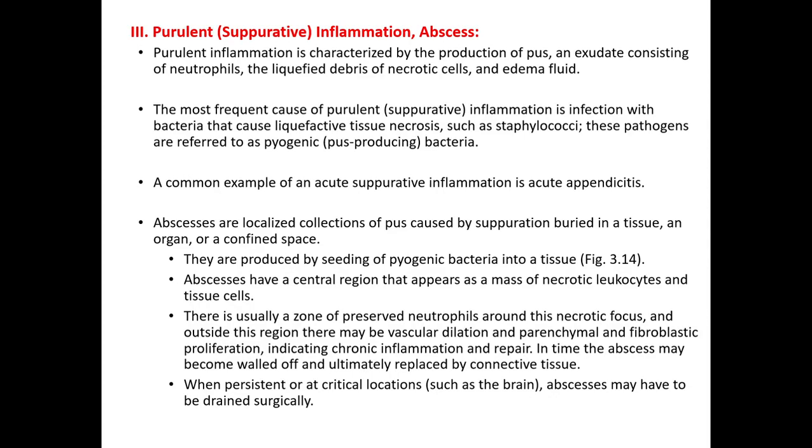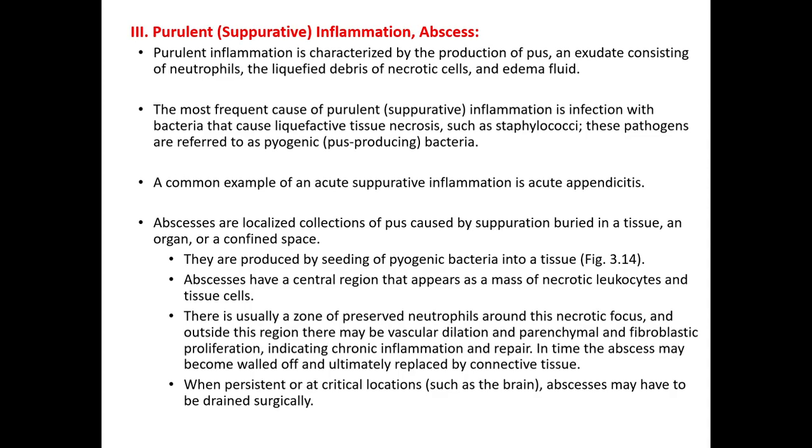Abscesses are localized collections of pus caused by suppuration buried in a tissue, an organ, or a confined space. They are produced by seeding of pyogenic bacteria into the tissue. Abscesses have a central region that appears as a mass of necrotic leukocytes and tissue cells.